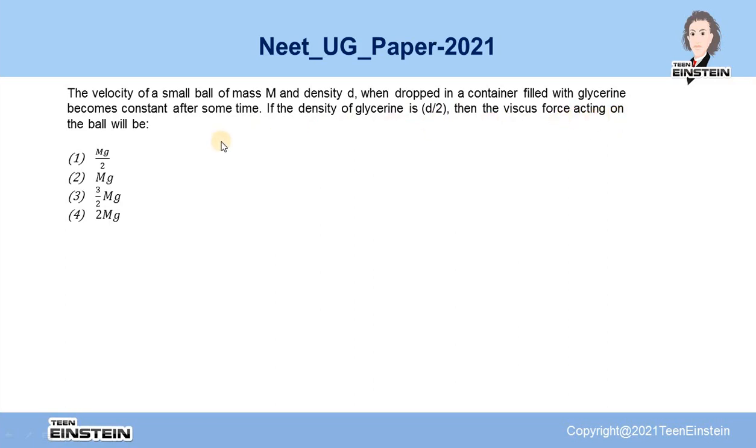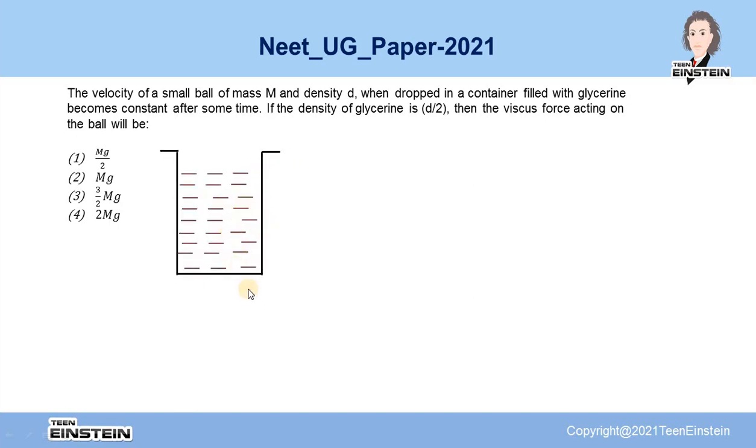acting on the ball. So let us first understand the physics behind this problem. Then from there we will be able to find out the answer for the question. So let us suppose this is a container filled with glycerin and a ball is dropped. As soon as the ball is dropped, it will move downwards, and while moving downwards through the glycerin, there will be three forces acting on the ball.